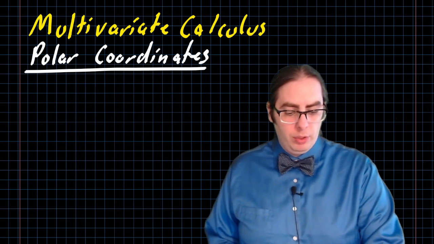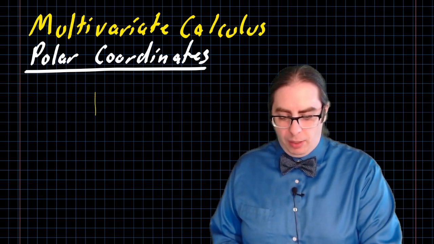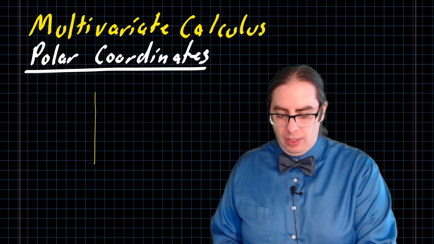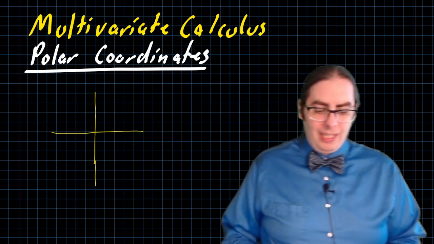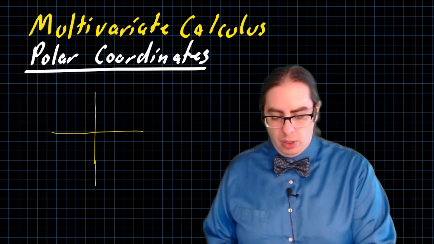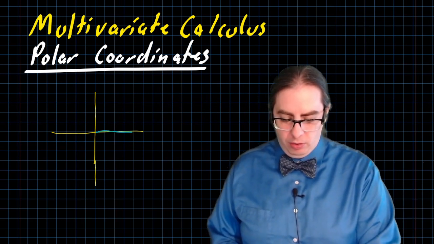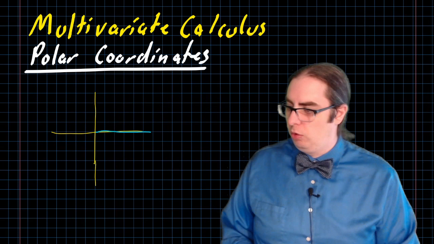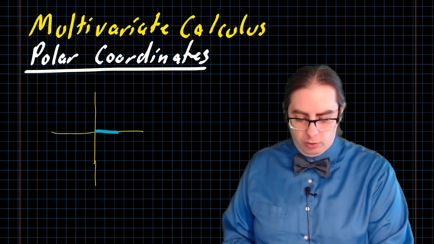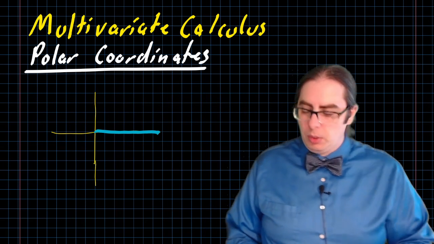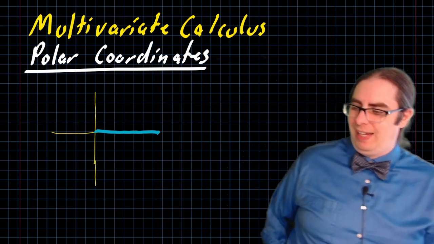In polar coordinates, instead of thinking about a vertical axis and a horizontal axis, we tend to think just about a little bit of that axis, specifically the bit that goes off this way. Let's try drawing that in a thicker marker so it's a little bit easier to see. All right, we're going to focus on the positive x-axis.